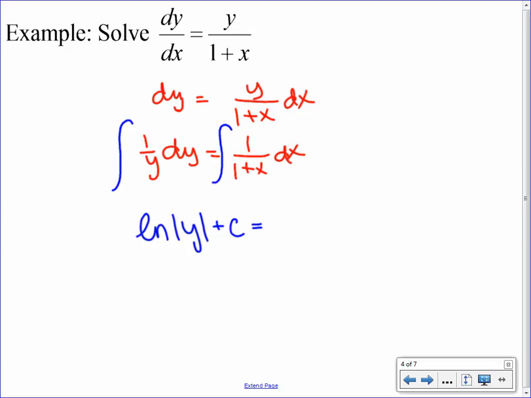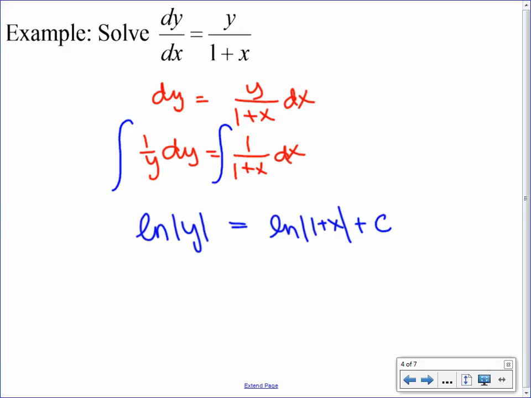And what do we have on the right side? Plus c. Now, these constants could be anything. So I'm going to subtract this constant over to here, and we still have a constant. We really only need one on one side.